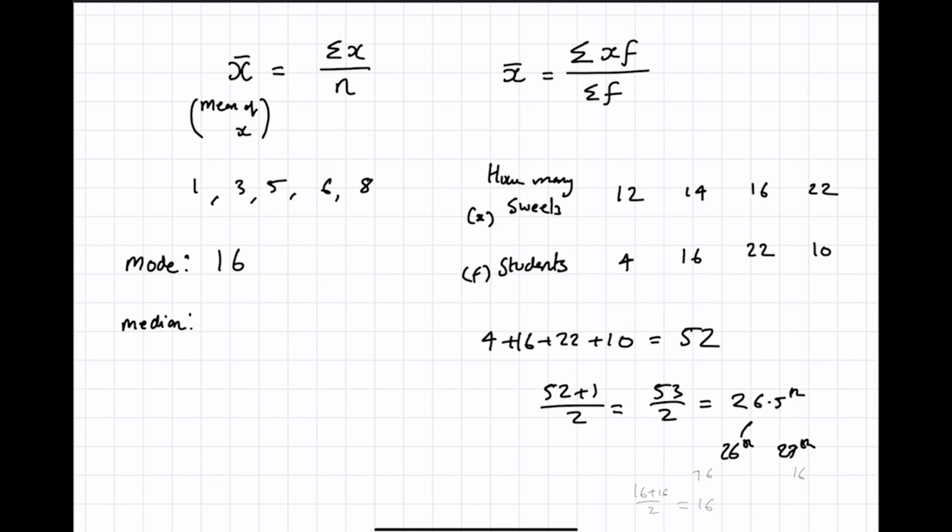So again, just like the mode, our median is also 16. That's fairly simple again. It's the same kind of stuff you've done in GCSEs. I think they also do frequency tables in GCSEs. They just don't tend to use all this notation we've used, but it's pretty much the same idea.